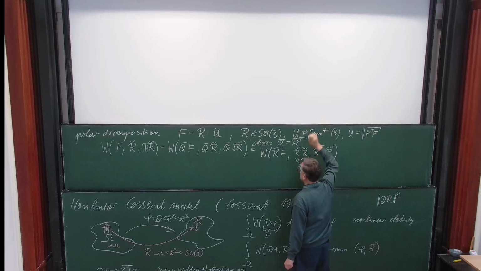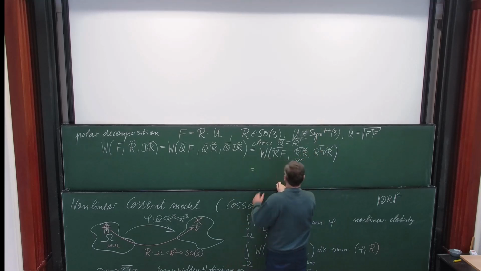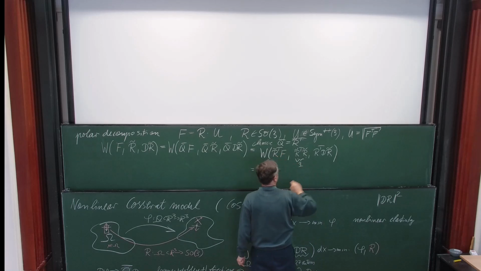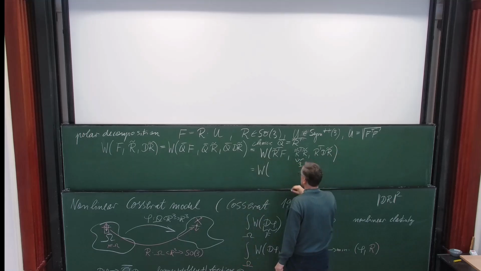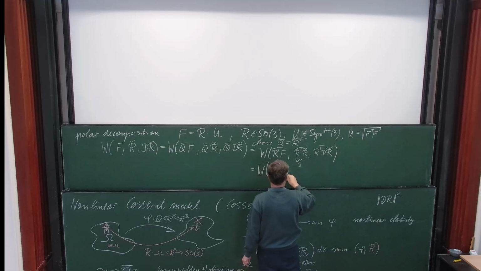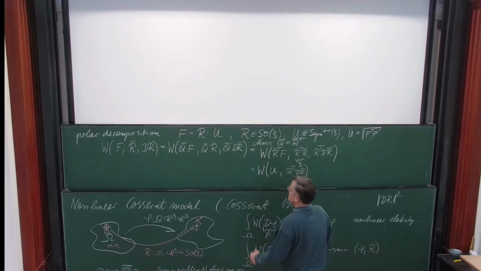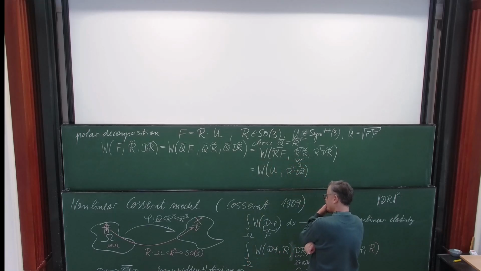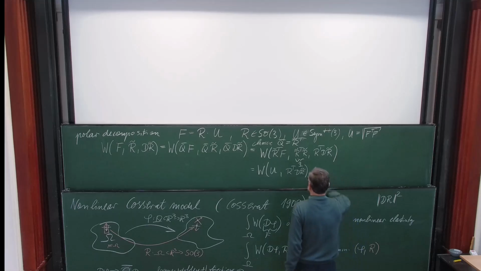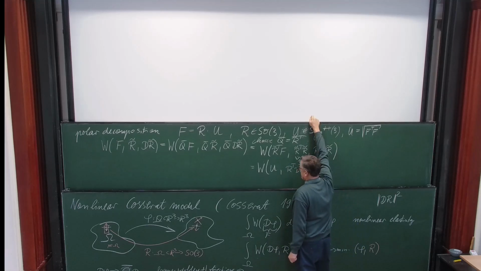And you get the following reduction. This R tilde transposed F is in fact the U here. And then I have R transposed dr tilde. So in the end, you get a reduction.